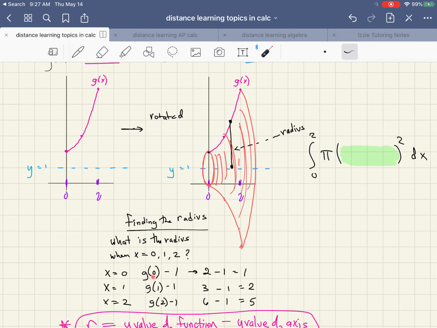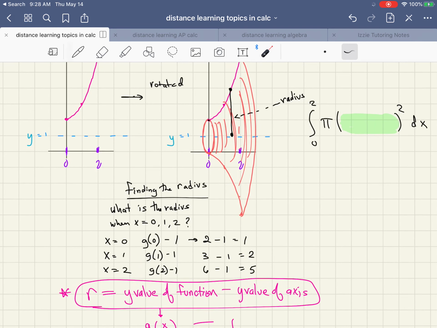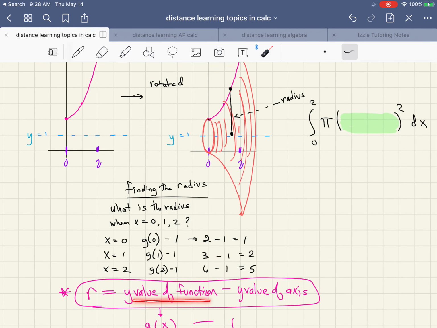What we've done is at 0, g of 0 is 2, subtract 1. At 1, g of 1 is 3, subtract 1, get the radius. And in each case, what I'm doing is I'm taking the y value of the function, which is really x squared plus 2, and then I'm subtracting the y value of the axis.